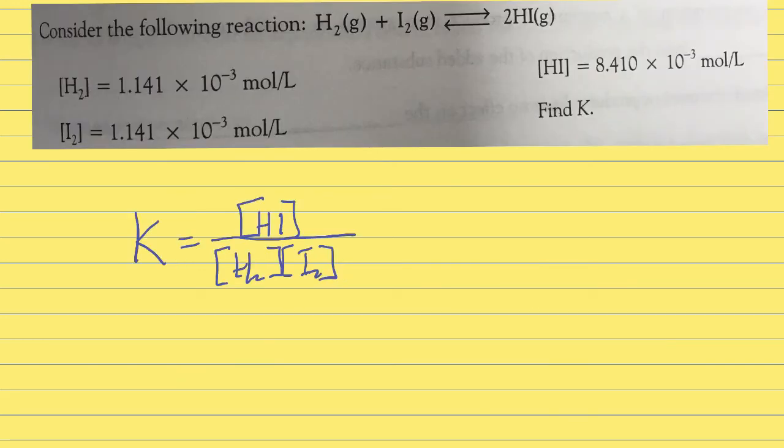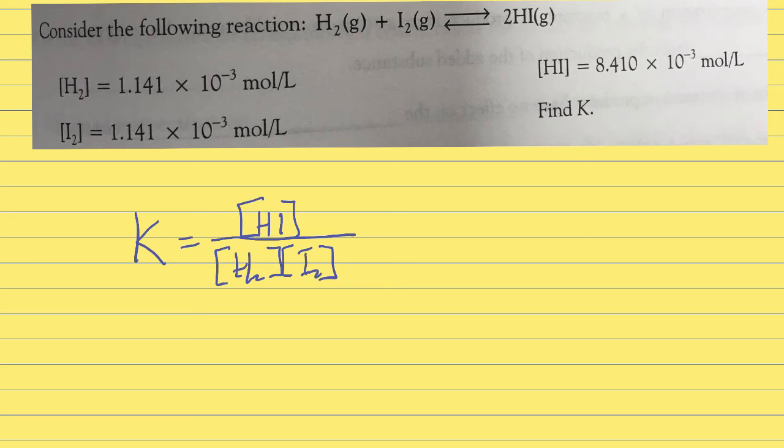Now let's take this case here where we're going to use this reaction, and they tell us, see in the square brackets here, they tell us the concentration of the two reactants and the concentration of the product, okay?